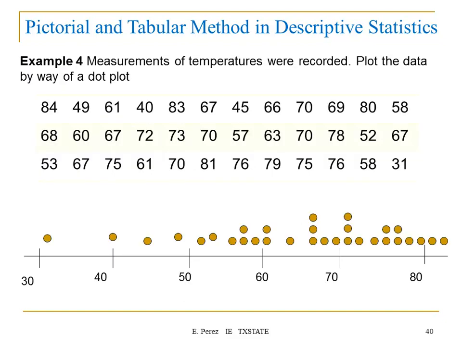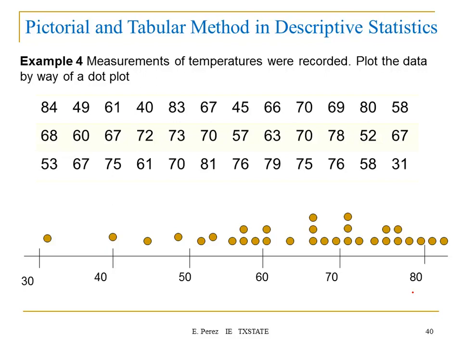So as an example, here you have measurements of temperatures that were recorded, and I asked you to plot the data using a dot plot. So essentially what you do is you find your minimum and your maximum values, so you can have an idea of the length of your line.